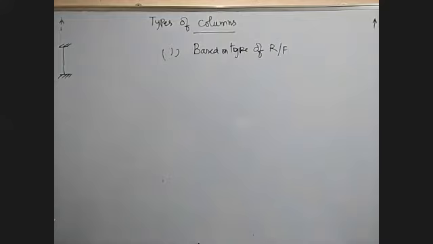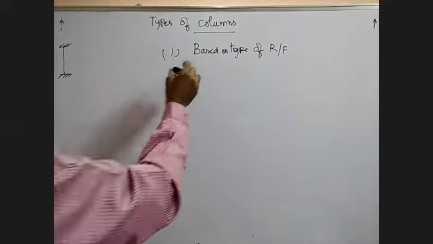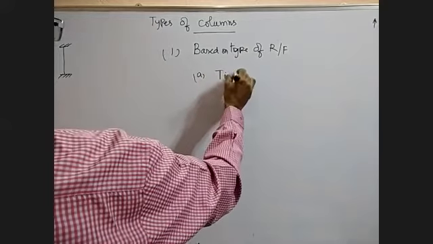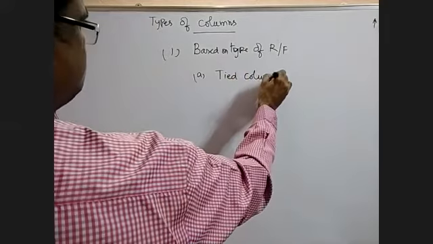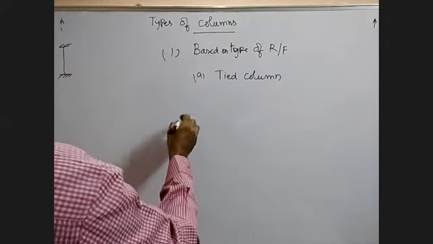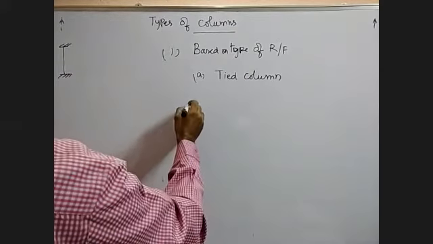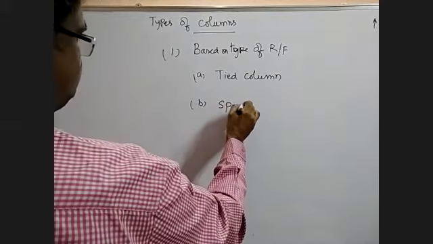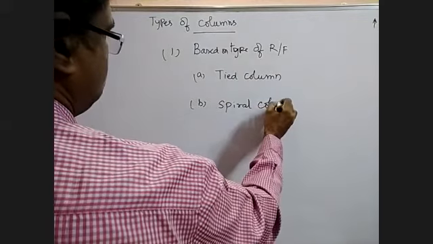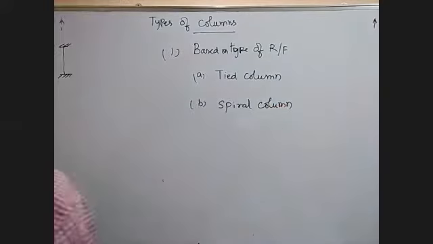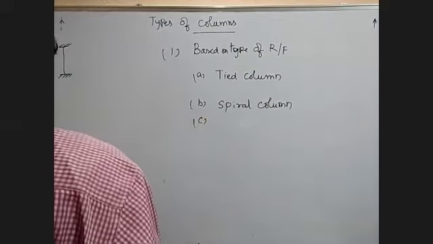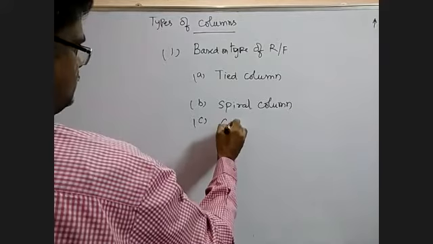This is based on the type of reinforcement. So you have A, tied column, and B, spiral column. So based on three categories, it is divided. The first one is based on the reinforcement, and then composite columns.